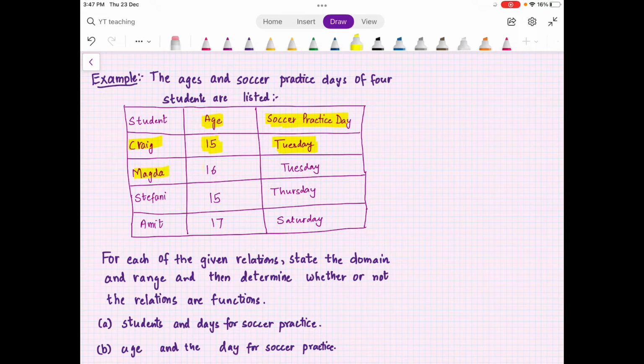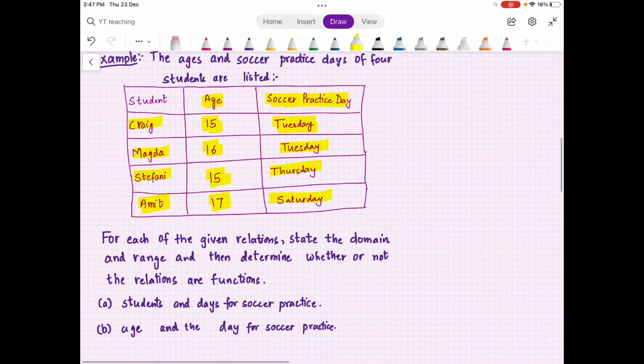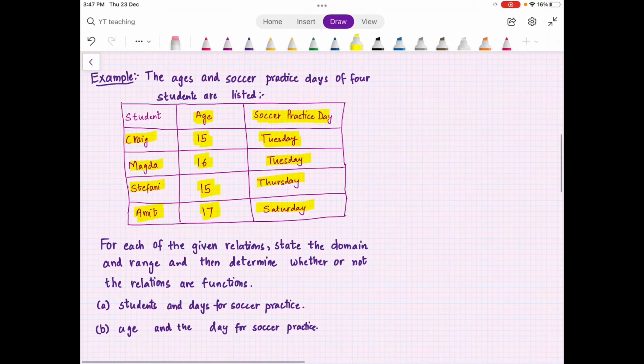Magda is 16, on Tuesdays, Stephanie is 15, on Thursdays, and Amit is 17, on Saturdays, right? Now the question is, for each of the given relations, you are given two relations, student and days of the soccer practice, and then age and the day of the soccer practice. We have to state the domain and the range, and then determine whether or not the relations are functions. So let us do the first one.